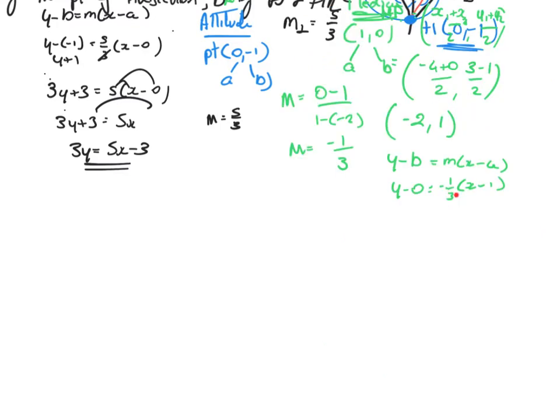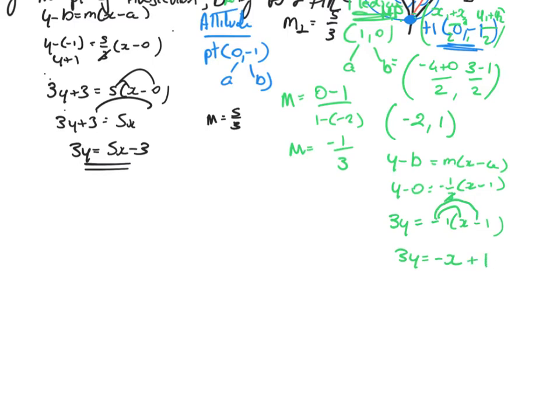Okay, I'm going to take the opportunity to get rid of the divide by 3 by multiplying through by 3. So that's 3y, well, it's going to be still 0, so I'm just going to eliminate that. So that's just 3y equals -1 bracket x minus 1. Open it up, 3y equals -1x, that's -x, and -1 times -1 is plus 1.